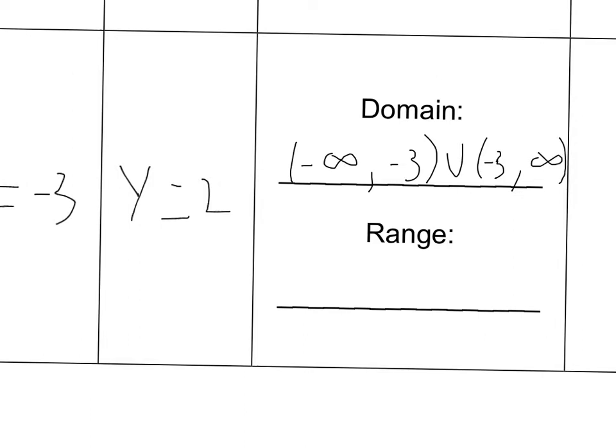Next, we will do our range. That is according to your horizontal asymptote. So it's positive 2. Start with negative infinity and go to positive 2, union 2, positive infinity.